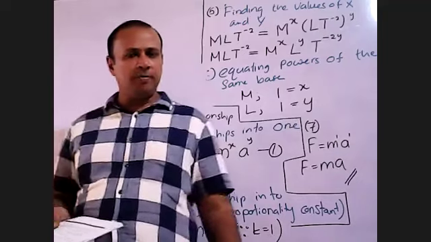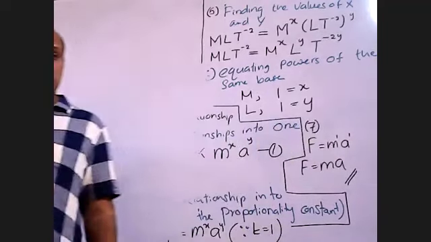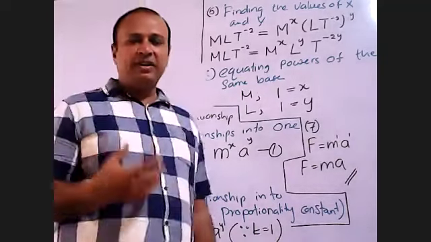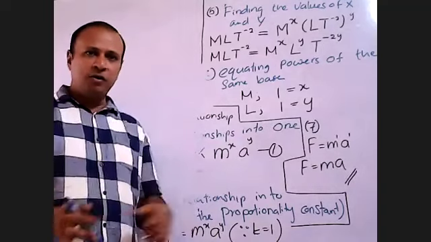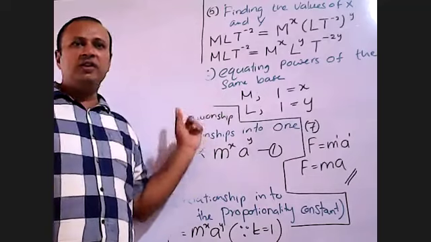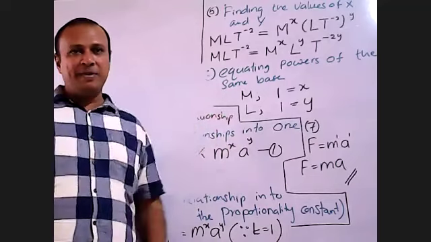Then build a relationship. If they have not given what V is and what R is, then if you want to write V and R, we have to mention what is V and what is R. V is a volume, R is a radius. You have to mention that.